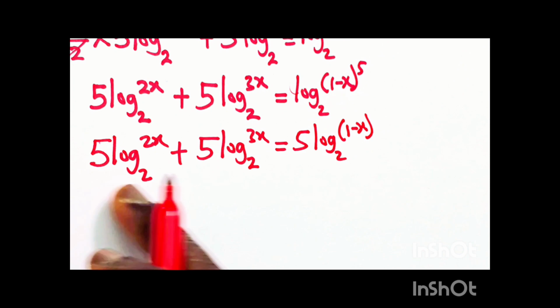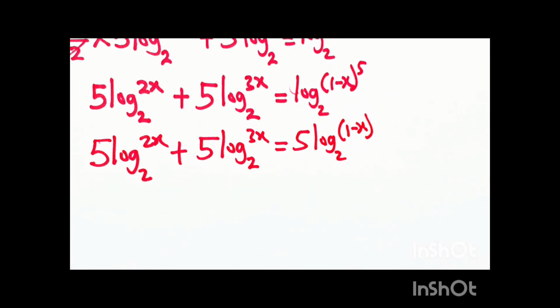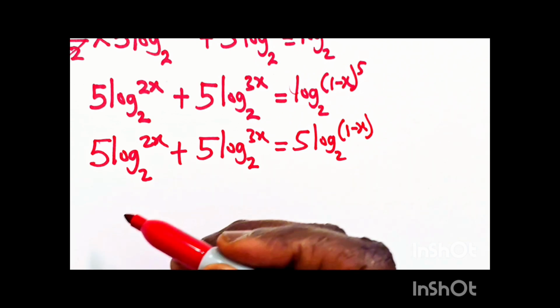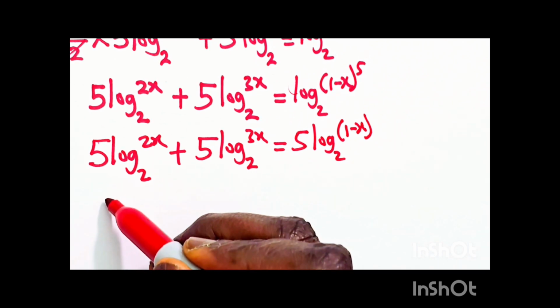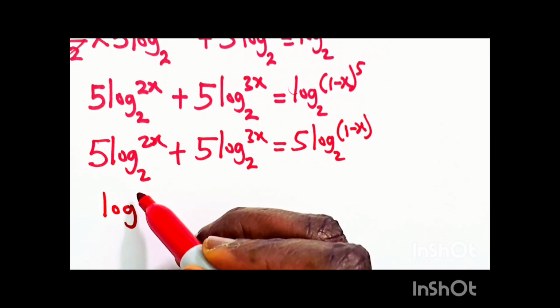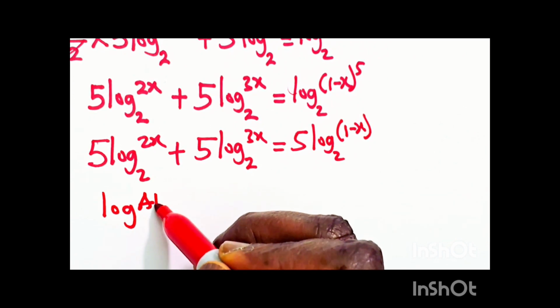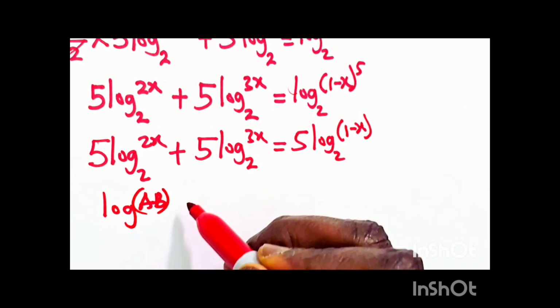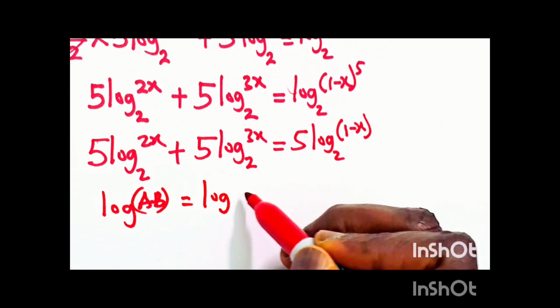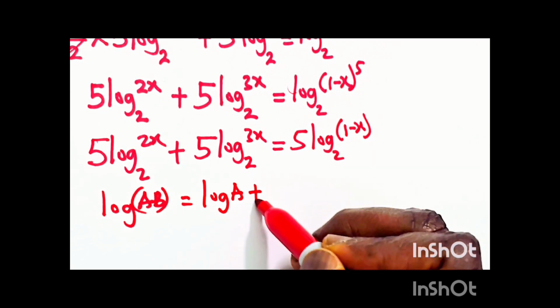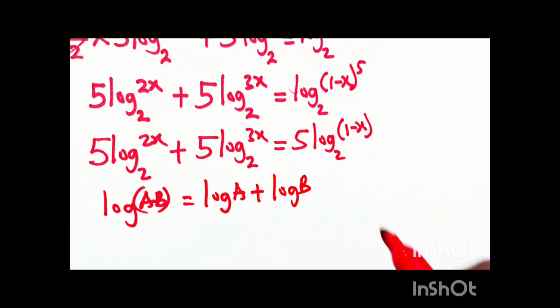Since they have the same base and the same log and everything looks good, why can't we look into this law also that says that if you have log of a times b, it is the same thing as log a plus log b.